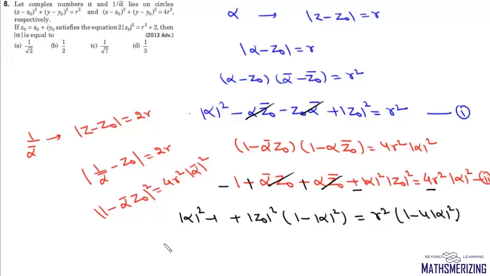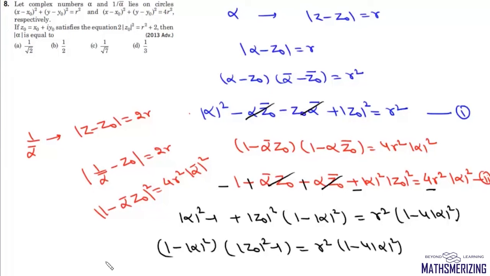Now we can write this as (1 minus mod of alpha square) into (mod of z0 square minus 1), and it will be equal to r square into (1 minus 4 mod of alpha square). Now we are also given that 2 times (mod of z0 square minus 1) is equal to r square.